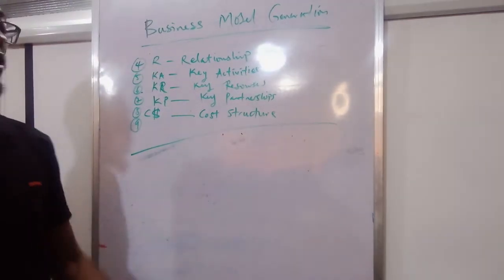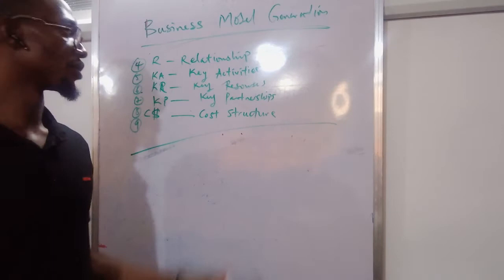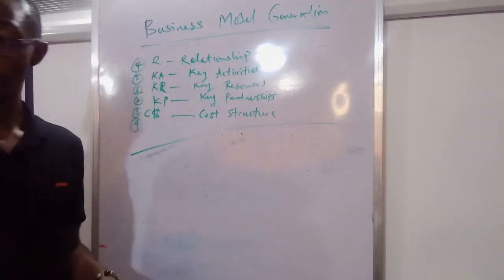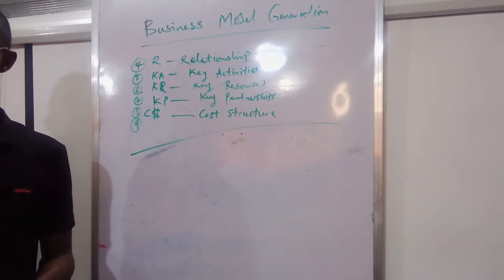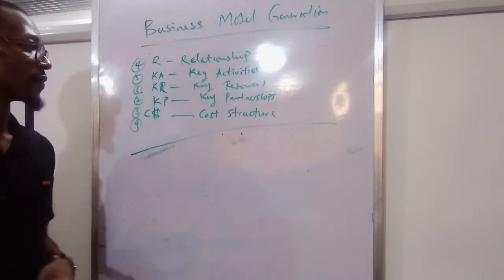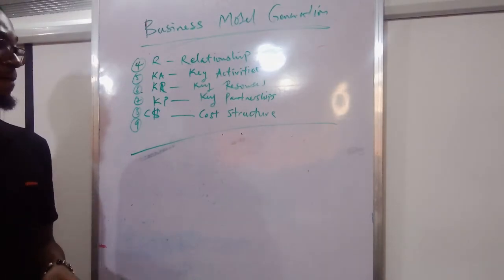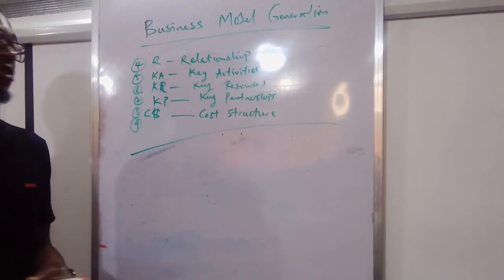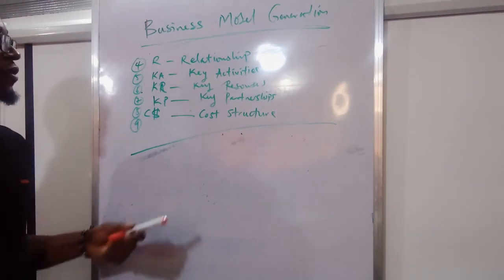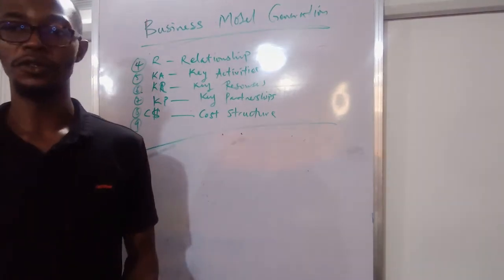Is it the production or the execution of the value proposition? It depends on the kind of business. For a service, we can't use production. For infrastructure, you can use production. But that's just cost structure.